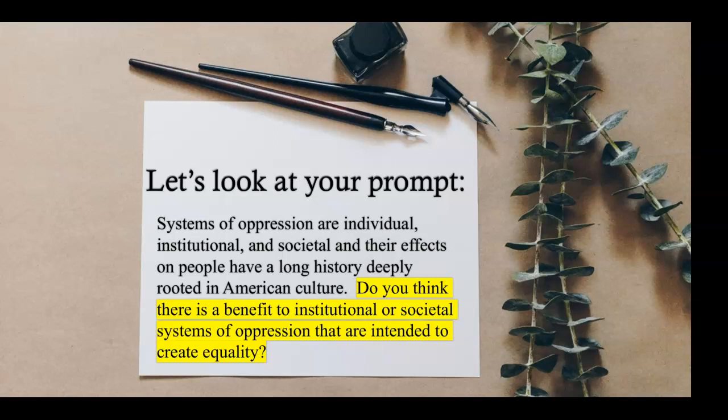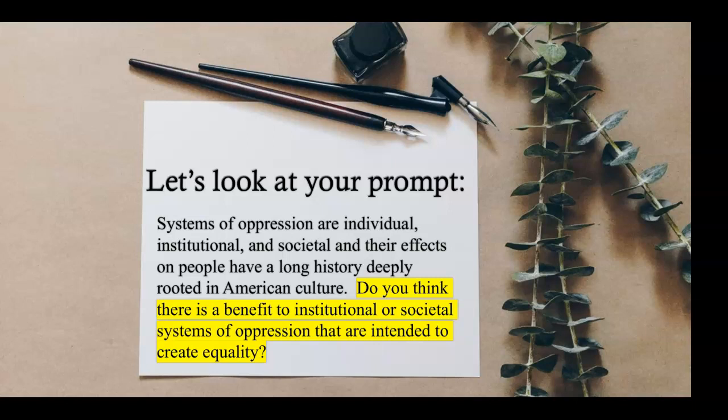That's just kind of some fluff in this prompt. The question that you're going to answer is this part that I've highlighted. Do you think there is a benefit to institutional or societal systems of oppression that are intended to create equality?